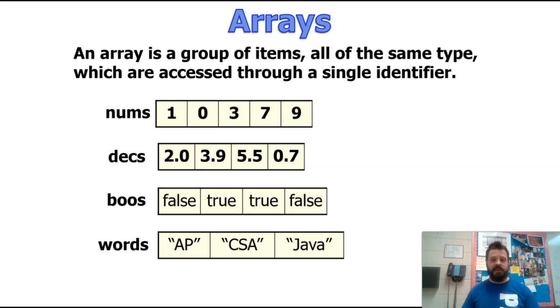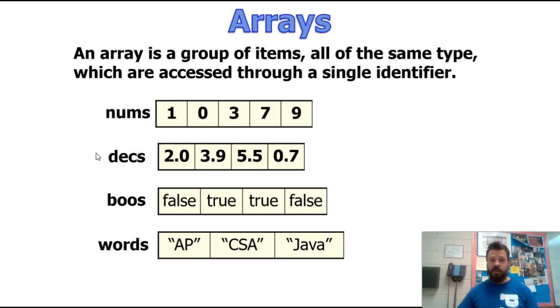That's where arrays come into play. We'll say an array is a group of items, all the same type, which are accessed through a single identifier. For example, let's say I want to store some ints. Rather than having 5 different int variables for this list of ints, 1, 2, 3, 4, 5, I can create a single int array called nums and store all those values in it.